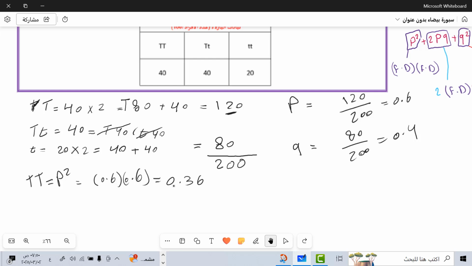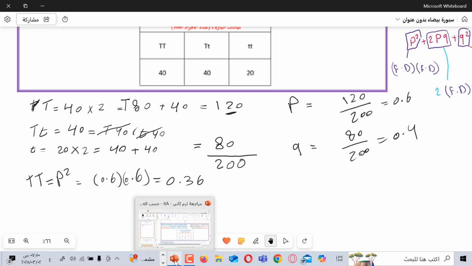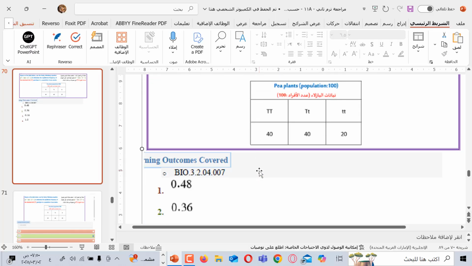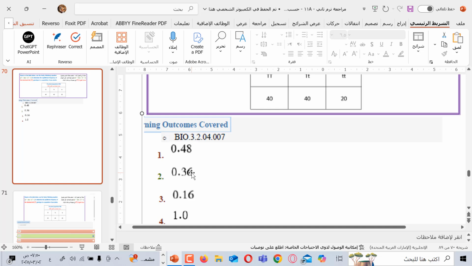If we return to the question, the true one is 0.36.